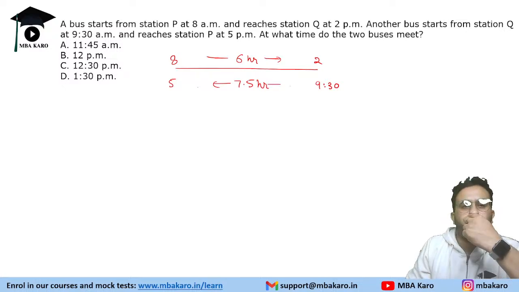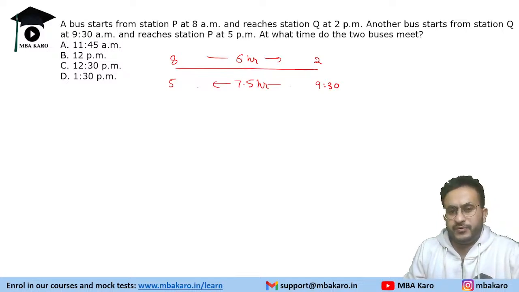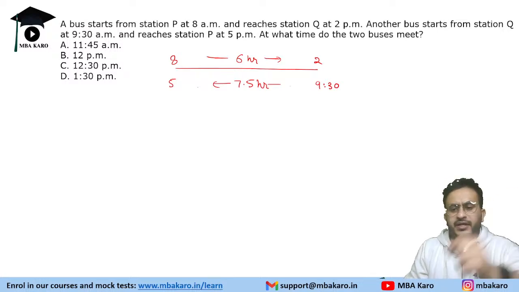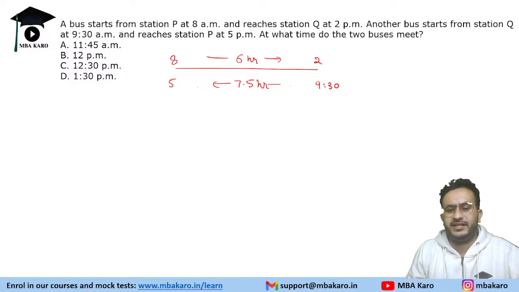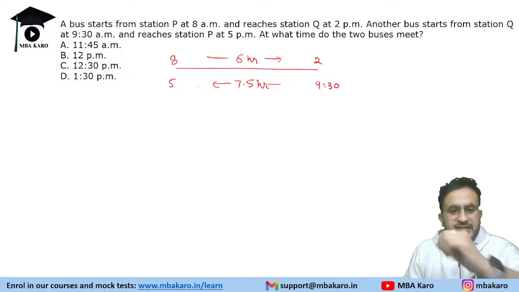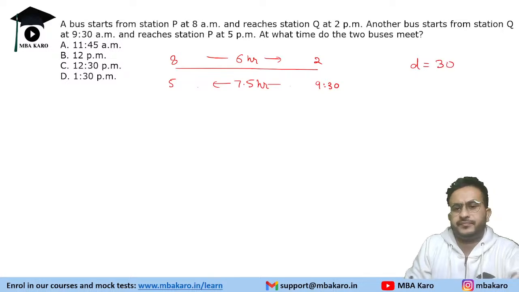Now what we do in such questions is take the distance as the product or LCM, whichever you want to call it. Basically, we need to find the ratio. Let's say the distance is 30.